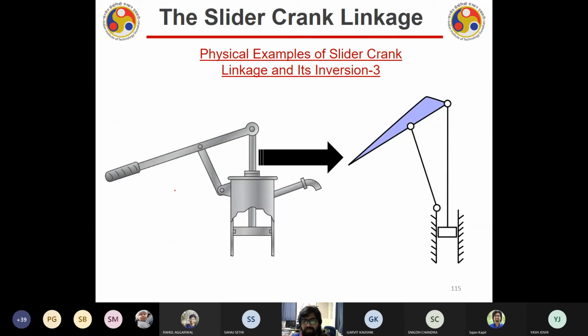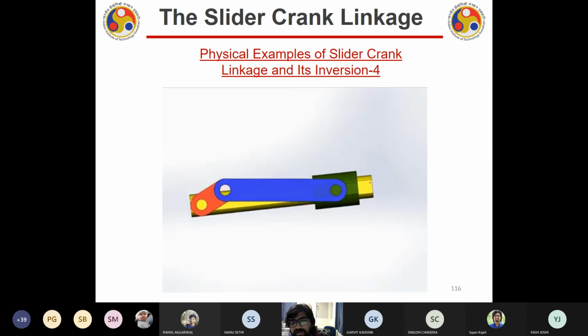Now let us discuss inversion 3, in which, if I push this handle down, then definitely this piston will go up. It's a very common mechanism in hand pumps. This is the third inversion. We have already seen its video in the first lecture itself, if you recall. Now the last one, which is the oscillating cylinder.